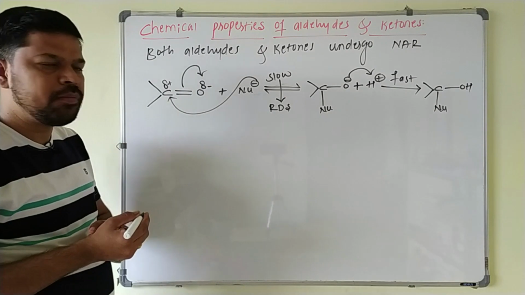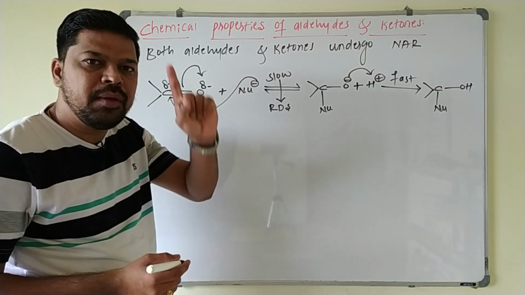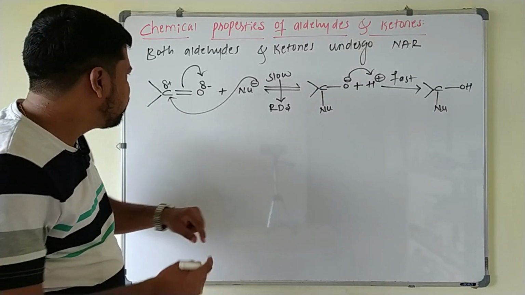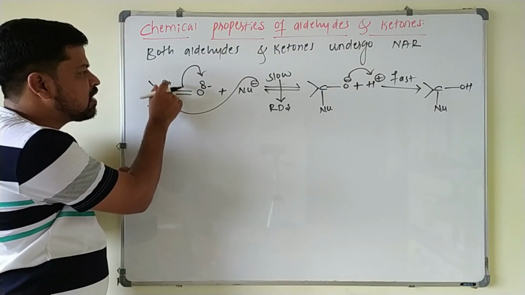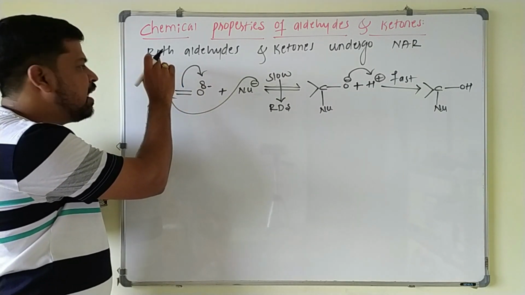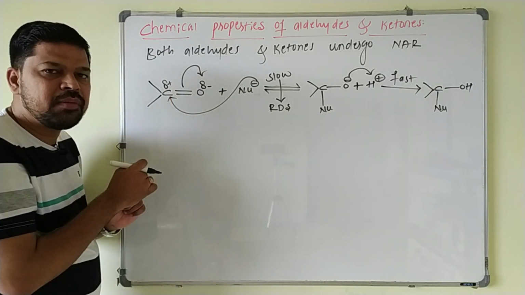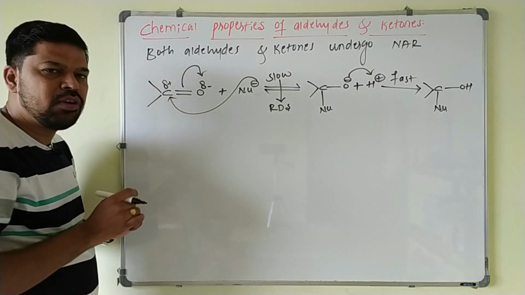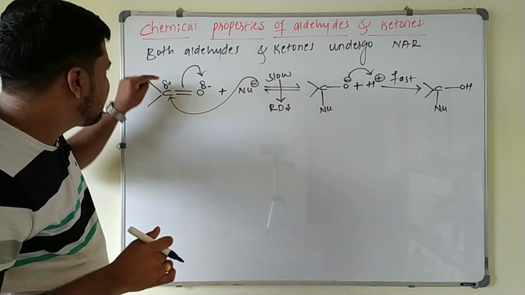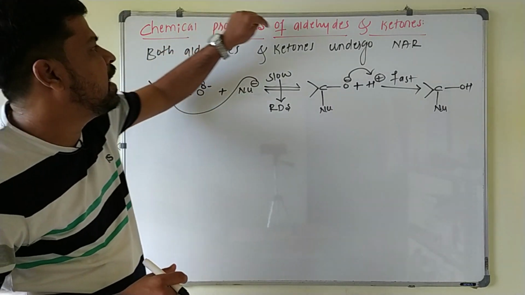And a very important point is the reactivity of these aldehydes and ketones depends on what? The magnitude of the positive charge density on the carbonyl carbon. As the positive charge density on the carbonyl carbon increases, the nucleophile is easily attracted towards the carbon. It can easily attack the carbonyl carbon here, so as the positive charge density on the carbon atom increases, the reactivity of both aldehyde and ketone increases.